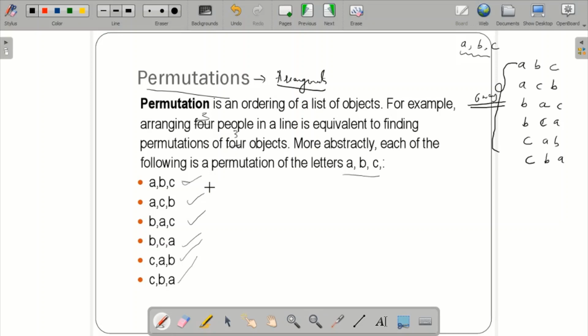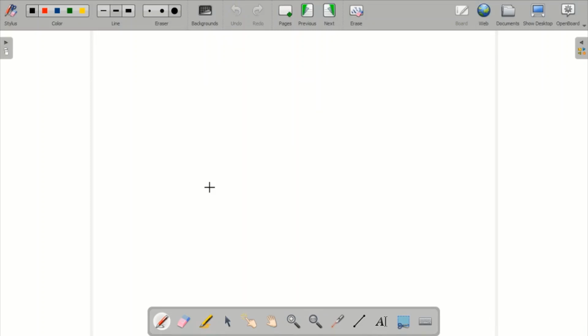So let us see the formulas for the permutation, the different formulas for the different arrangements of the permutation. Let us see the first one. The first one is the number of permutations of n distinct objects taken r at a time.